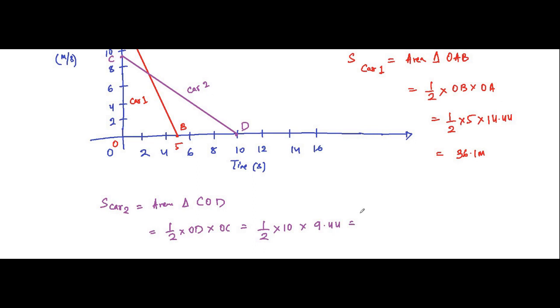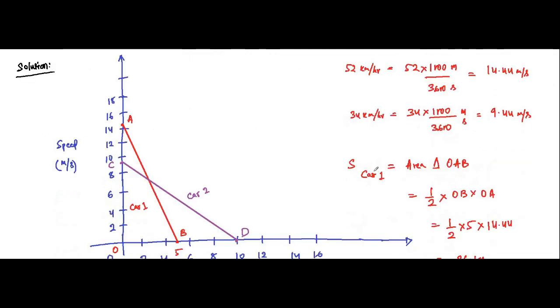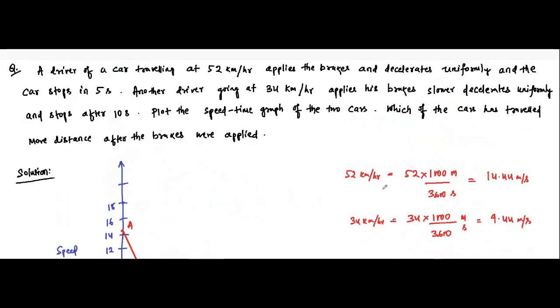That is coming around 47.2 meters. So obviously car 2 has traveled more distance than car 1, since 47.2 meters is greater than 36.1. So again, a very good question on the graphical analysis of one-dimensional motion in a straight line.